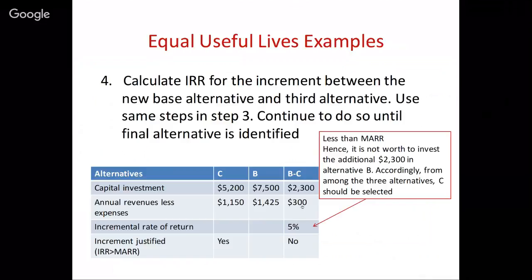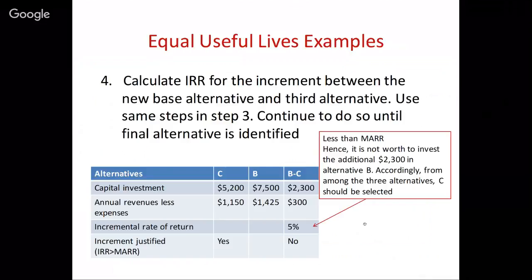We solve for the rate of return just for the increment, and we find that it's 5%. 5% is less than the MAR of 10%. So that incremental investment doesn't meet our hurdle rate of the MAR, doesn't meet our criterion. So no, the increment is not justified. B is not better than C. So we see here that C should be selected. C is the winner. C is the choice among these three.